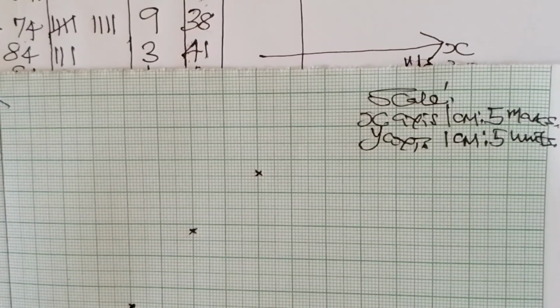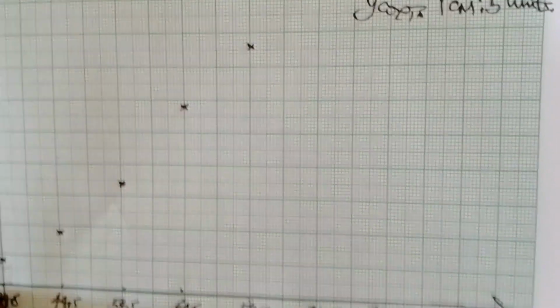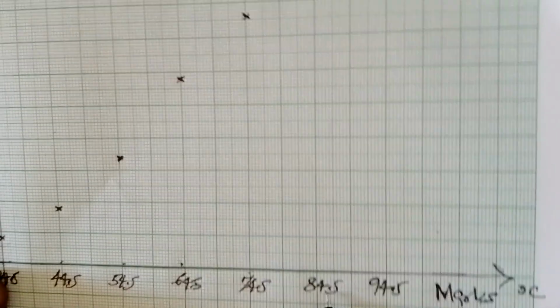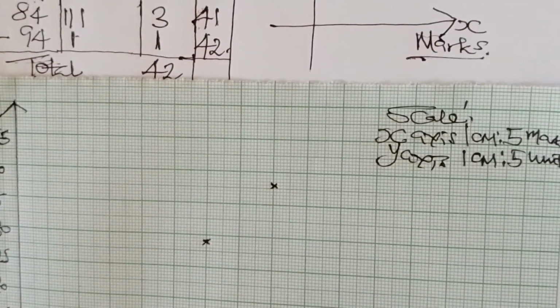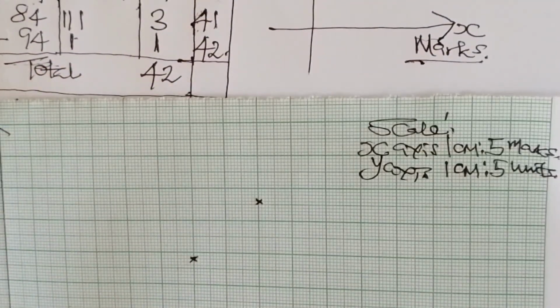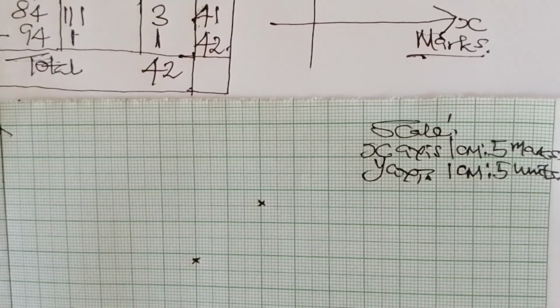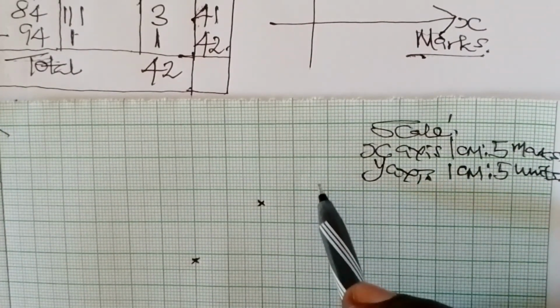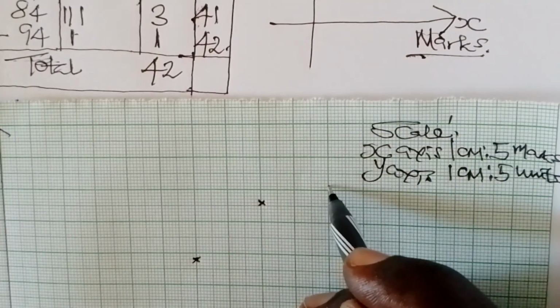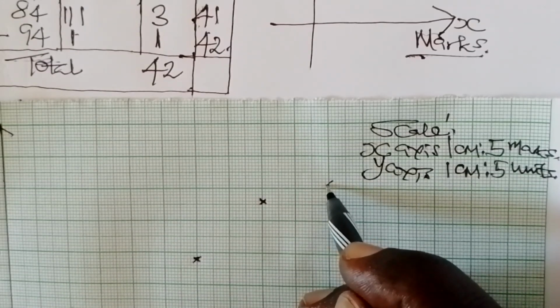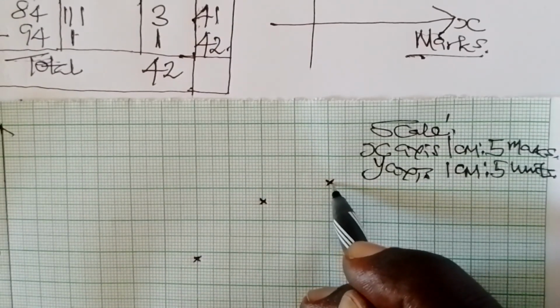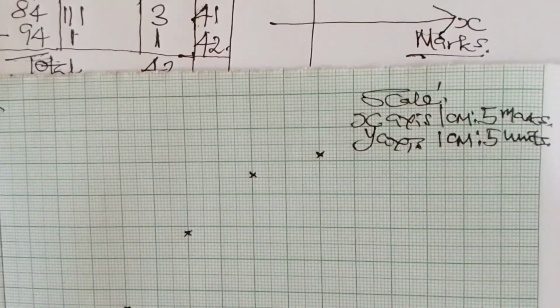And then at 84.5, we're going to plot 41. So 84.5, plot 41, 2 small squares above 40. That is done.